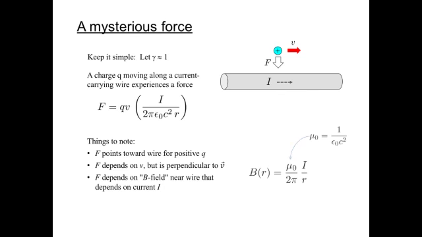In fact, we can write down an expression for the B field: mu naught over 2 pi times I over r, where mu naught is a new constant that we define to be 1 over epsilon naught times c squared. In fact, this B field is exactly the magnetic field due to the current in the wire.